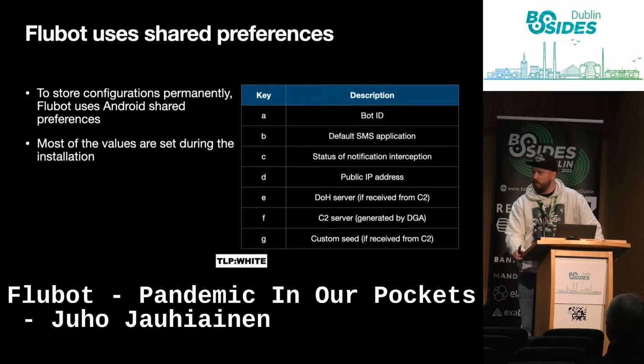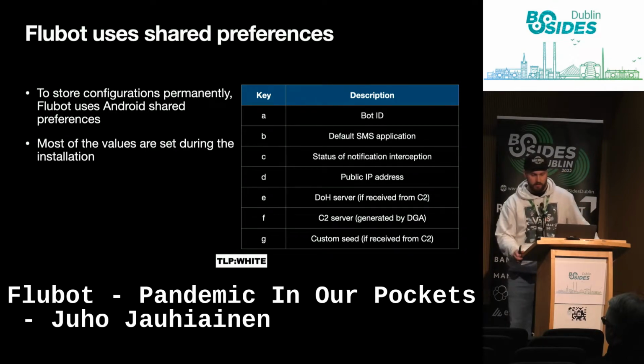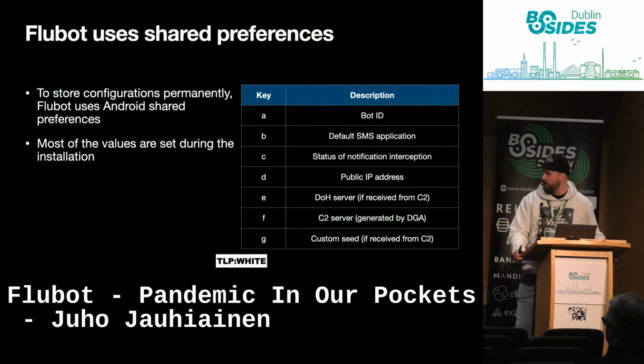And for example, as I said, they have been implementing these new features so that they can update those DoH servers and C2 servers dynamically. So there is one shared preference for new DNS over HTTPS servers.